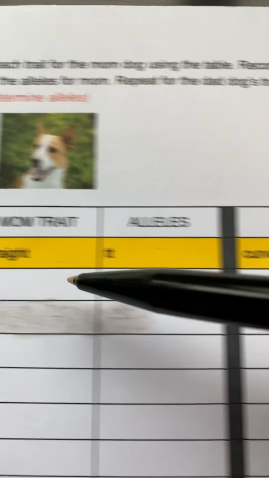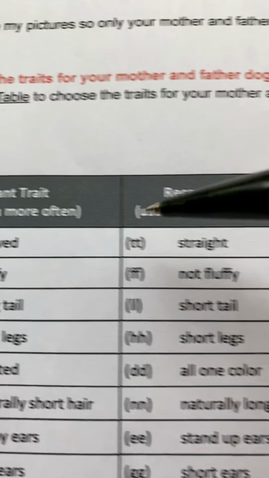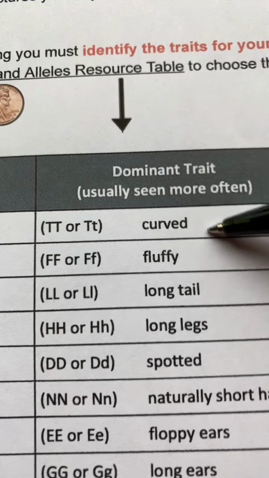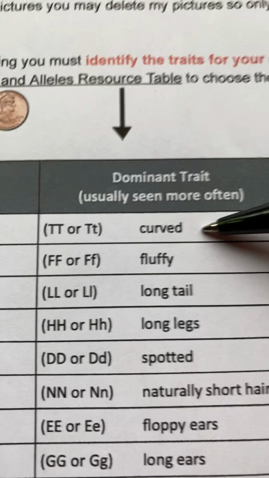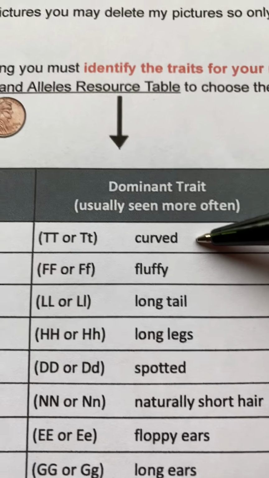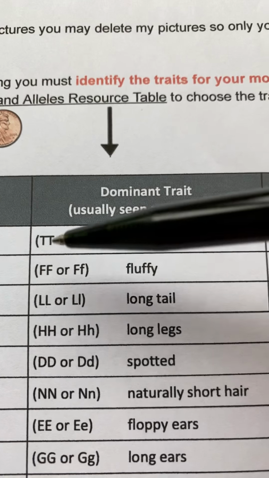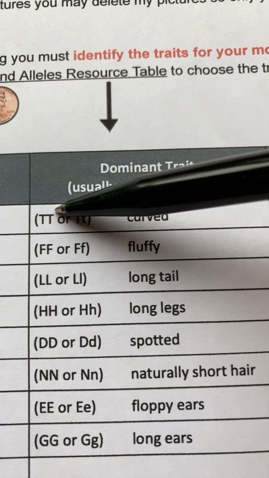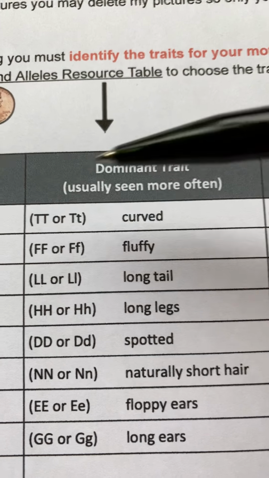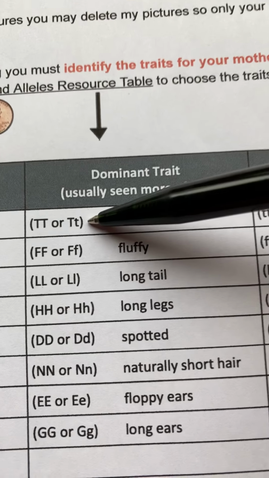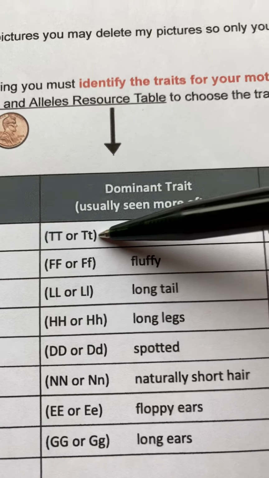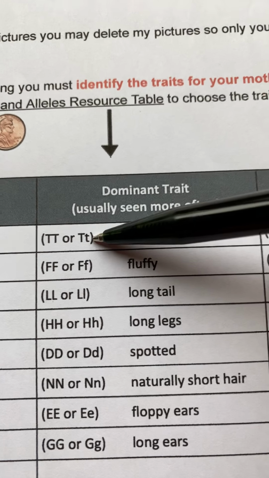So again, I have to go back to the chart and find curved tail. If the dad has a curved tail, the alleles could be 2 dominant alleles, 2 uppercase T's, or it could be a pair of alleles that have 1 uppercase and 1 lowercase.